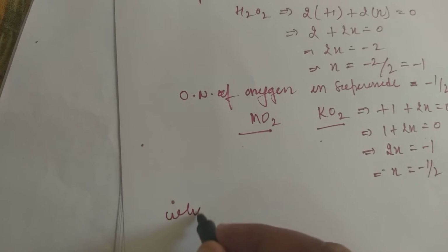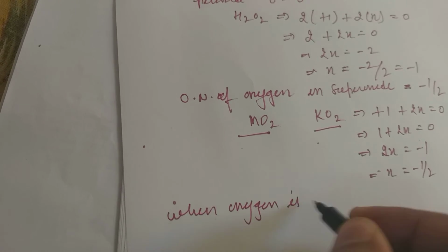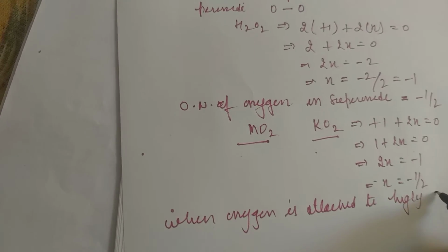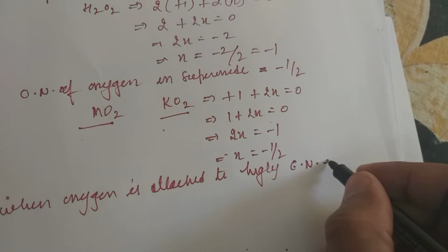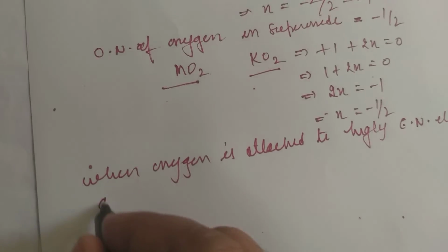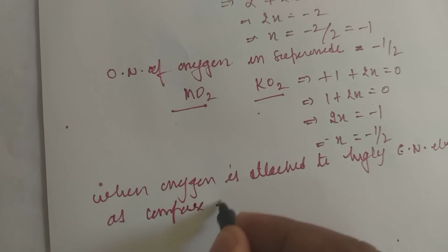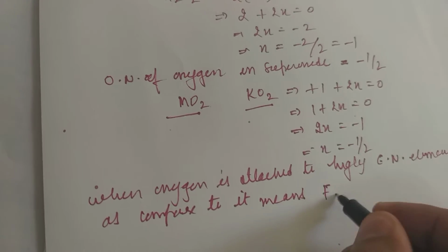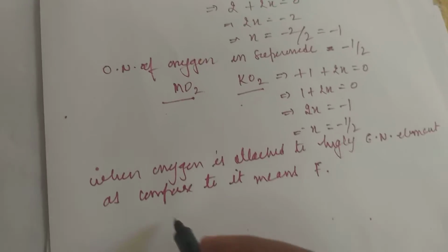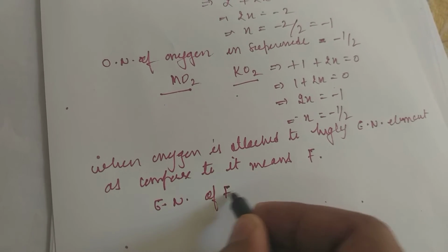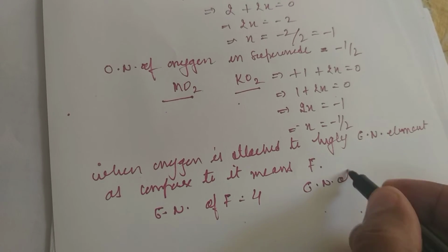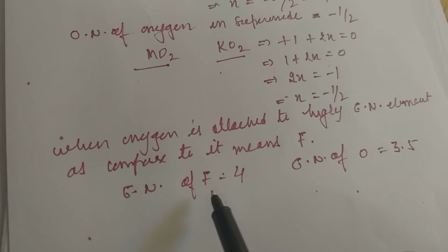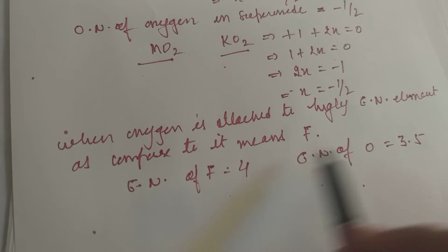And one more twist is there. When oxygen is attached to elements more electronegative than it, that means fluorine. In the entire periodic table, the electronegativity of fluorine is 4 and the electronegativity of oxygen is 3.5. So fluorine is the first element which has the highest electronegativity, and oxygen is the second.